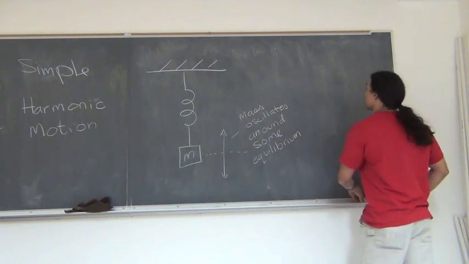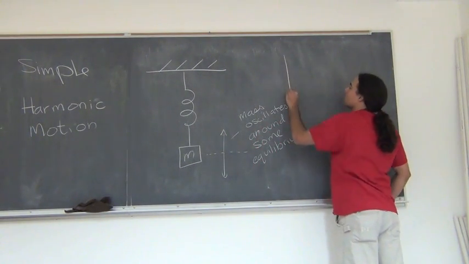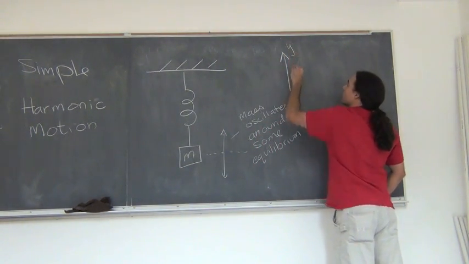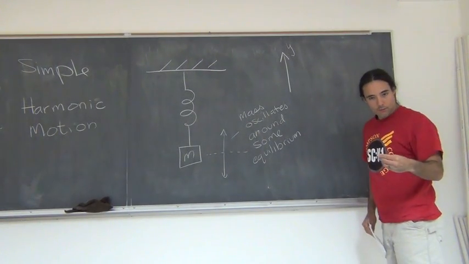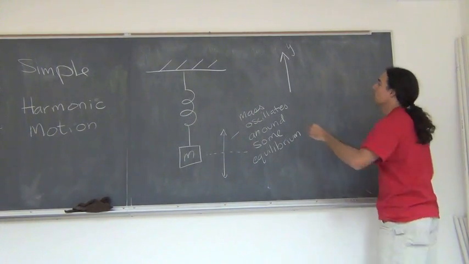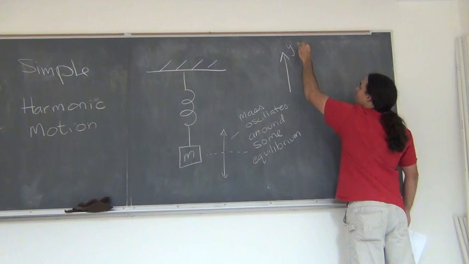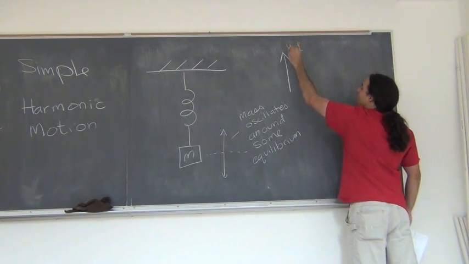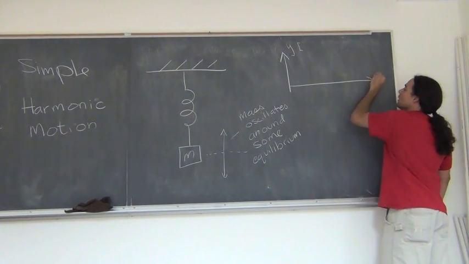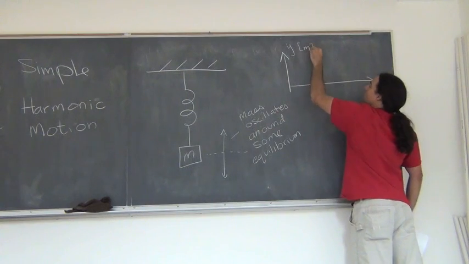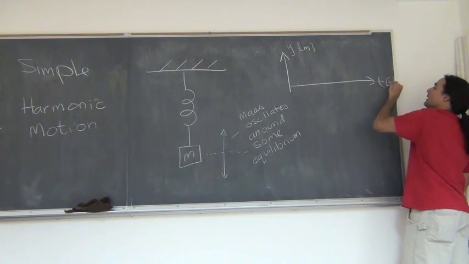So we want to describe the motion of that oscillation. We can do that graphically. So if I plot the y position, the vertical position, the height of the mass, as a function of time, I'll make this in meters, I'll make my time in seconds.